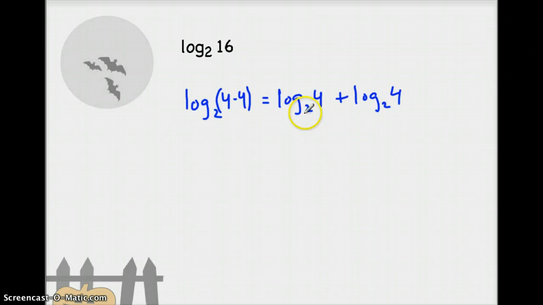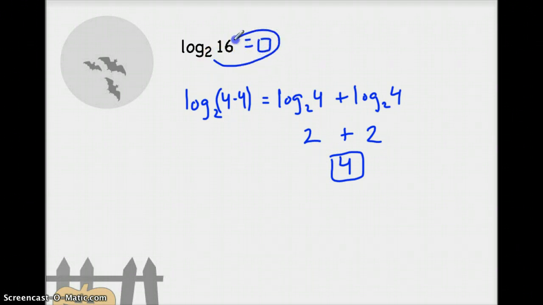And I can evaluate them separately. 2 to what power equals 4? 2. 2 to what power equals 4? 2. Add them up, you get 4. Or I could have just done it straight from the beginning. 2 to what power equals 16? It would be 4. I could have done it that way.